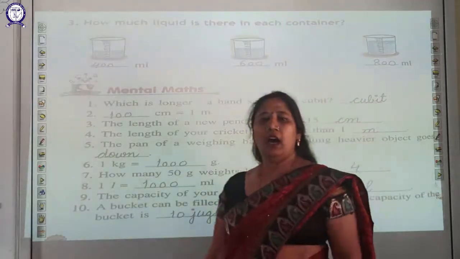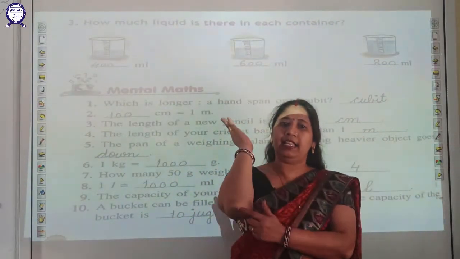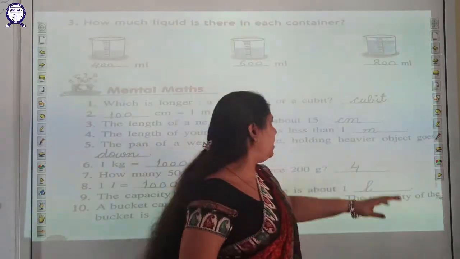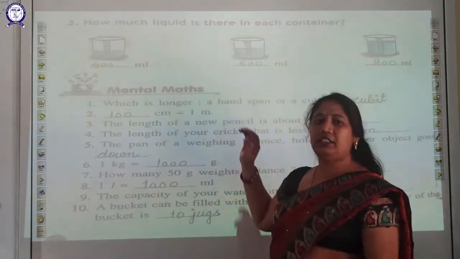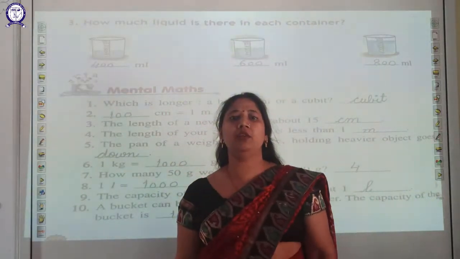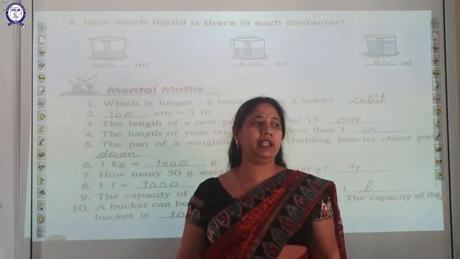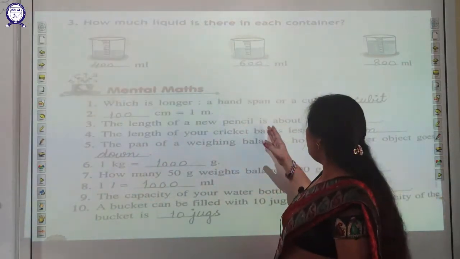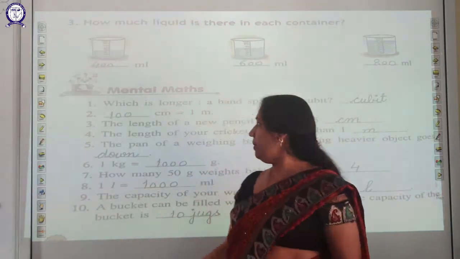Which is longer, a handspan or a cubit? Tell me. That is our handspan and that is our cubit. So which is more? Cubit. 100 centimeter is equal to 1 meter. Very good. Length of a new pencil is about 15 centimeter.